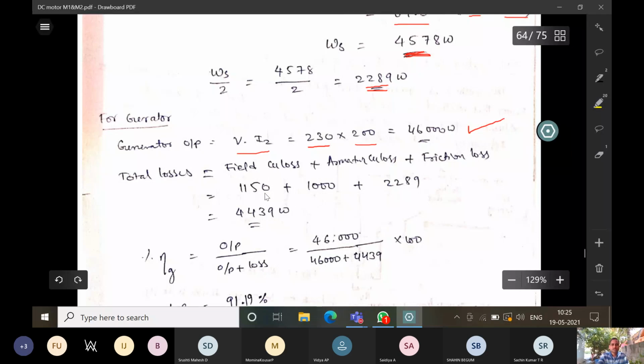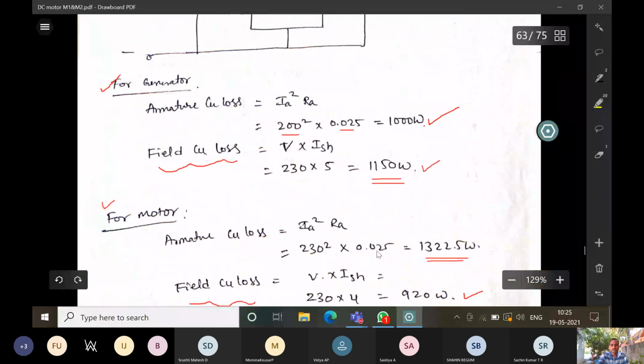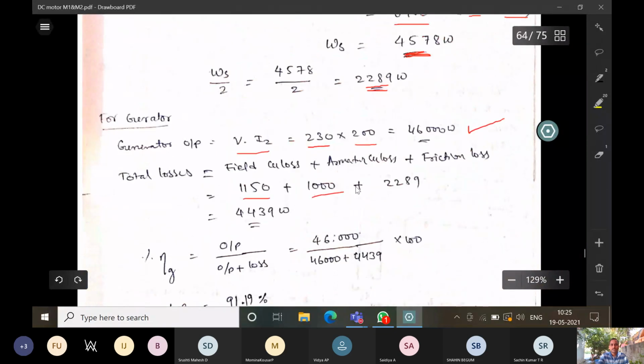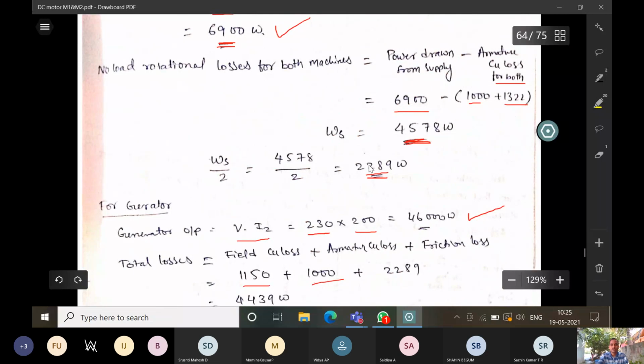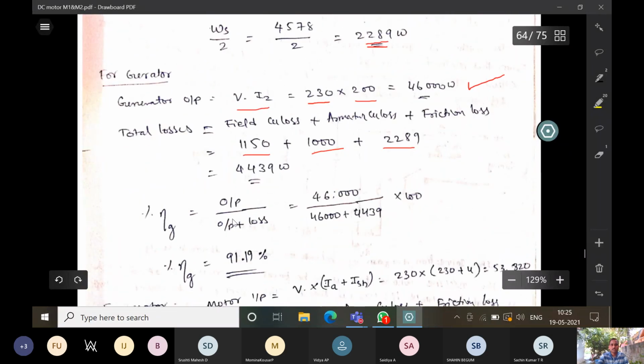Field copper loss of generator is 1150, armature copper loss is 1000, and Ws by 2 is 2289. So total losses of the generator is 4439 watt.